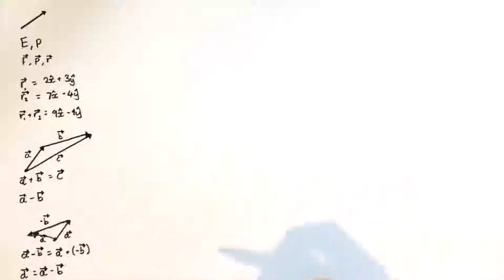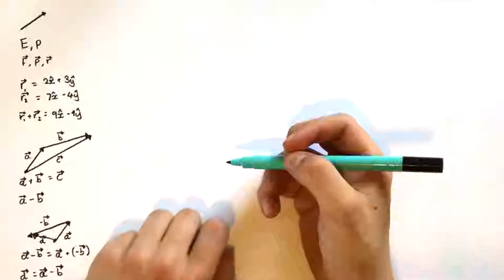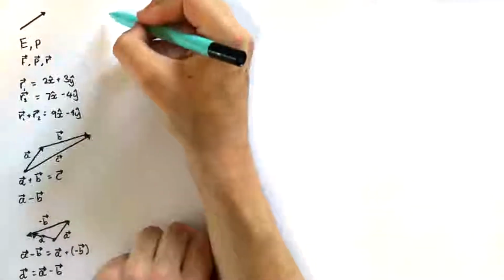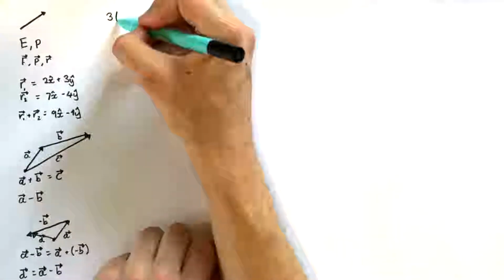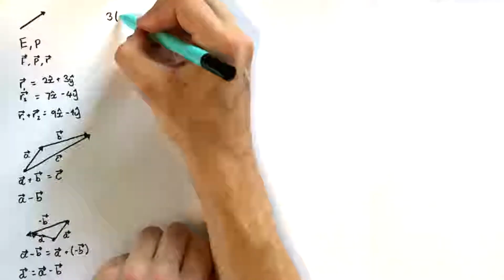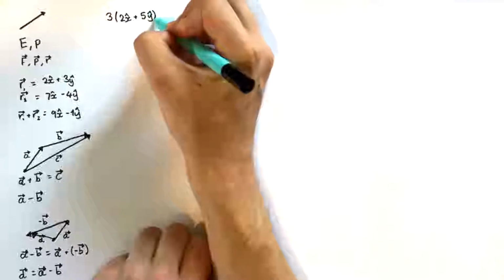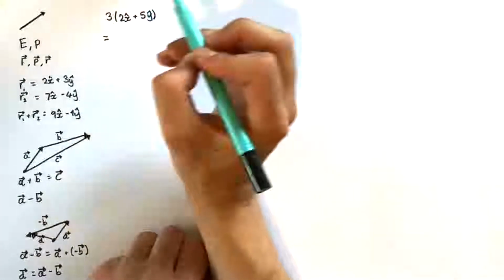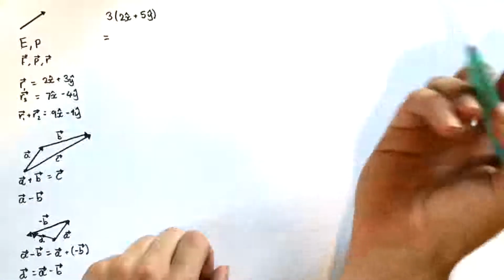But what about vector multiplication? Well, we said in the last video that if we multiply a vector by a scalar, say we have a scalar quantity, just the number 3, and we have a vector, say 2x hat plus 5y hat, then that's quite straightforward. We simply multiply each component of the vector by the scalar. It's just like expanding a bracket.